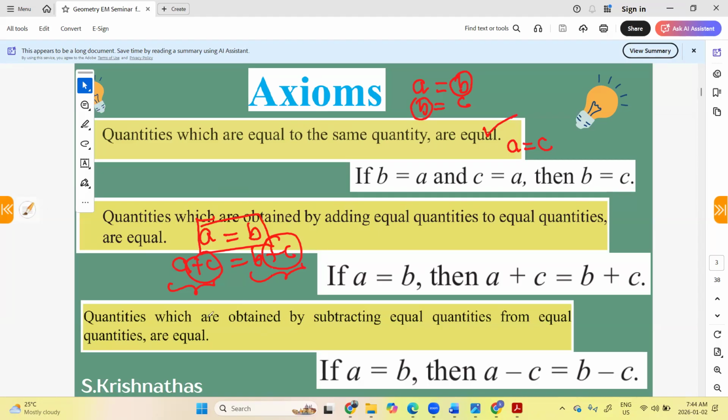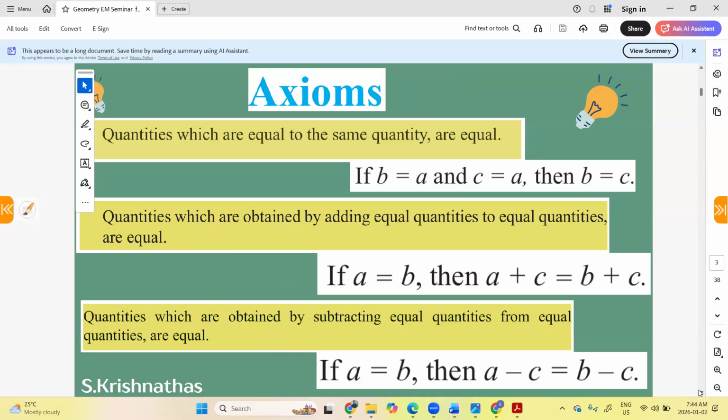Right. Next. Quantities which are obtained by subtracting equal quantities from equal quantities are equal. If A equal to B, I subtract C on the left side and right side. Here, what happened? Both are equal. Okay. Right. First axiom, second axiom, third axiom. It is okay.